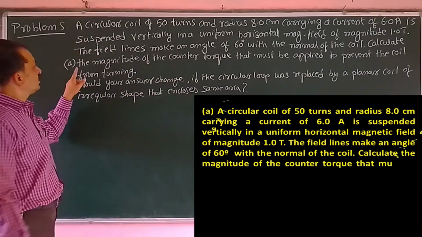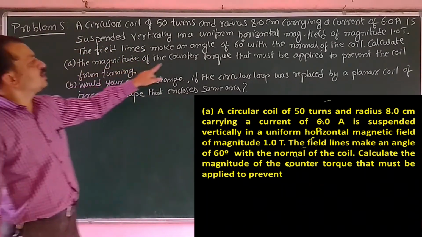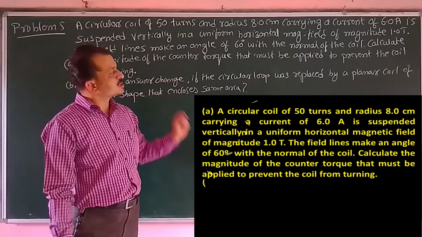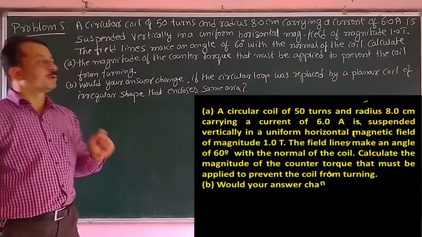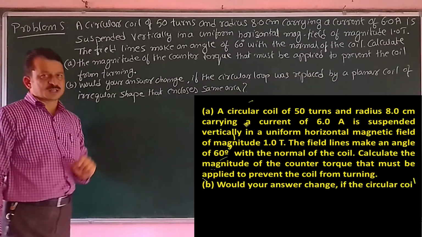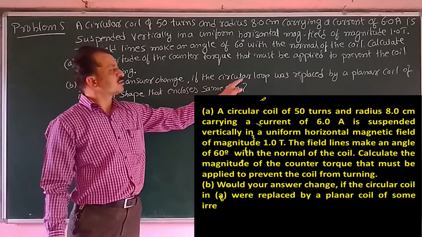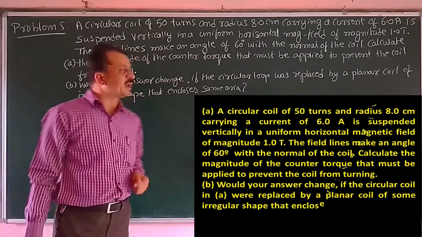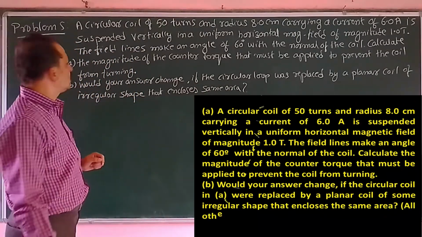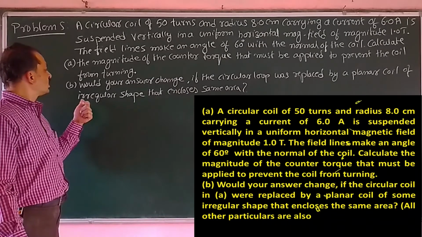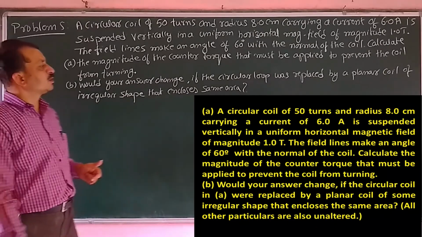Calculate A, the magnitude of the counter torque that must be applied to prevent the coil from turning. B, would your answer change if the circular loop was replaced by a planar coil of irregular shape that encloses the same area?